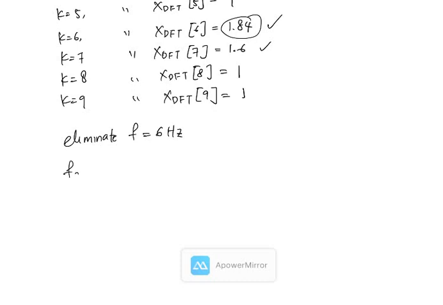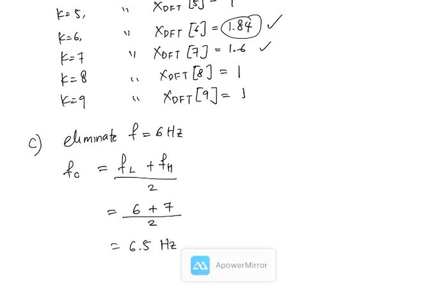So we want to find the Fc, the cutoff frequency. Fc equal to (F_low plus F_high) divided by 2. So 6 Hz plus 7 Hz divided by 2, which is equal to 6.5 Hz. Okay, which is equal to 6.5 Hz of the cutoff frequency.